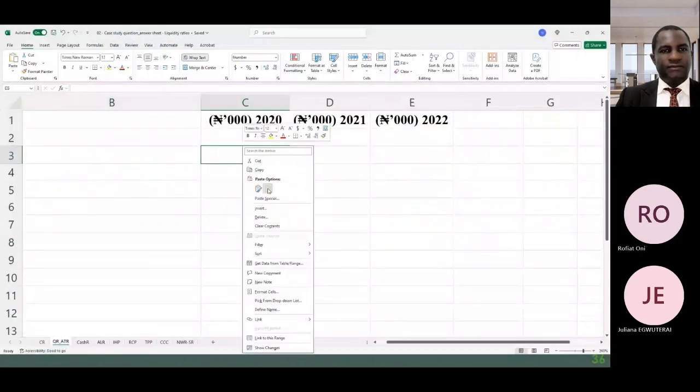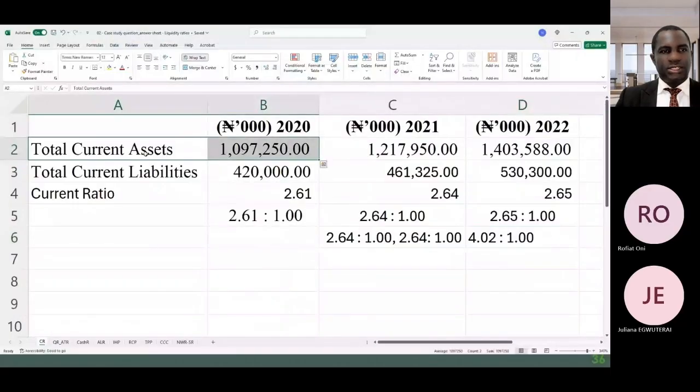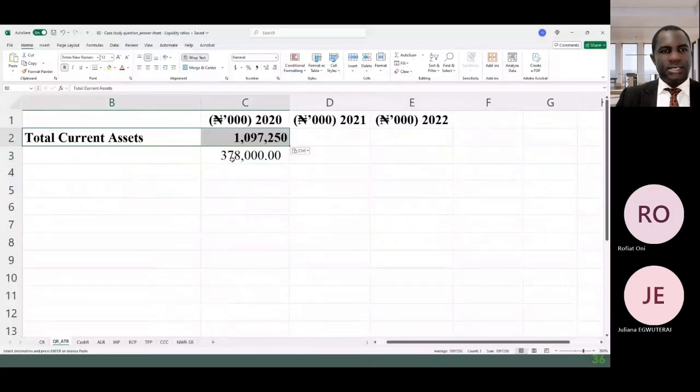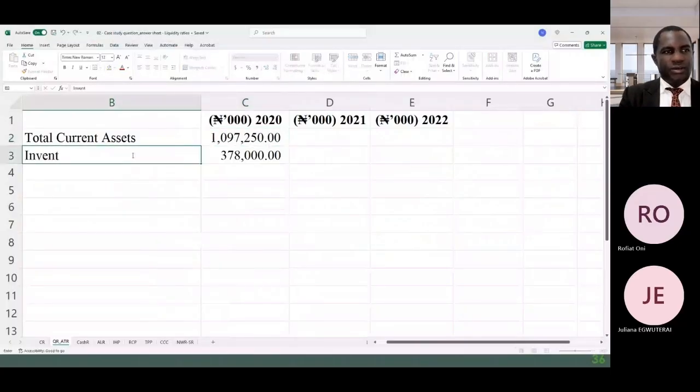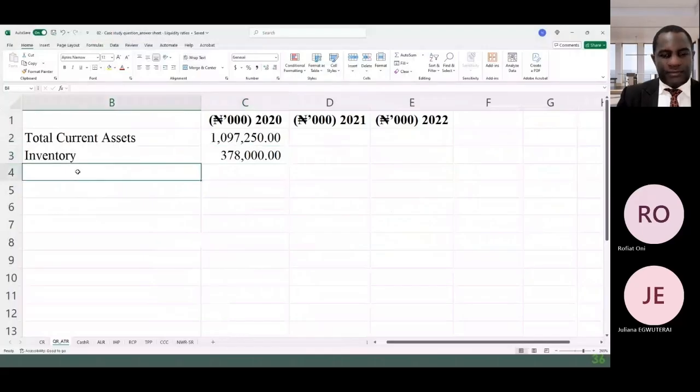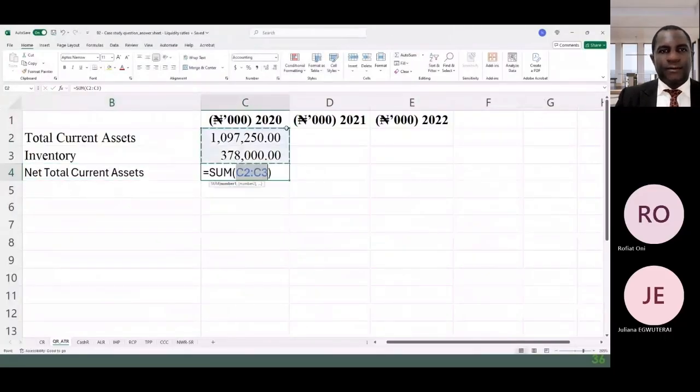Let me put this as inventory, and I'll just copy from this sheet and take my current asset. I think this is easier to navigate. So let me say inventory, and I'll have my net total current assets. So this minus inventory, I have 71250.